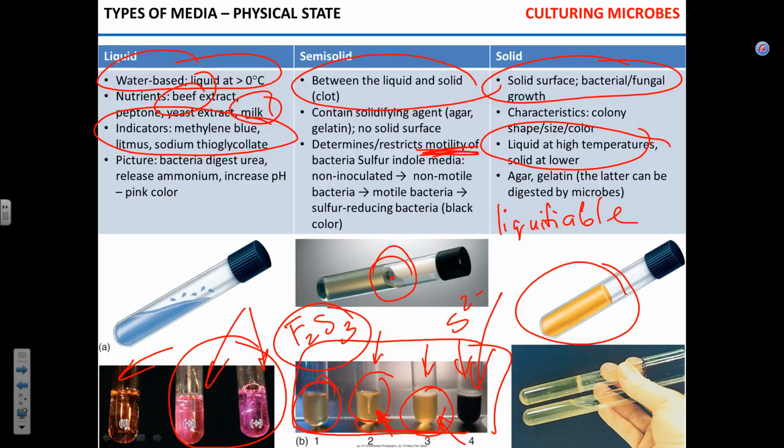Ammonia increases pH. That gives pink color. It's probably phenolphthalein in the medium. It gives pink color to the medium. So you can detect urea digesting bacteria. Okay, and a lot of bacteria that digest urea can be found in, surprise, surprise, urinary tract. Because it's a good place to digest urea.